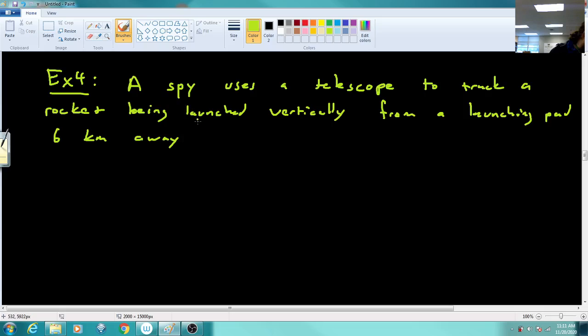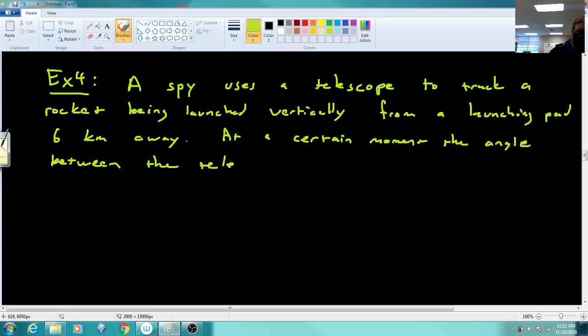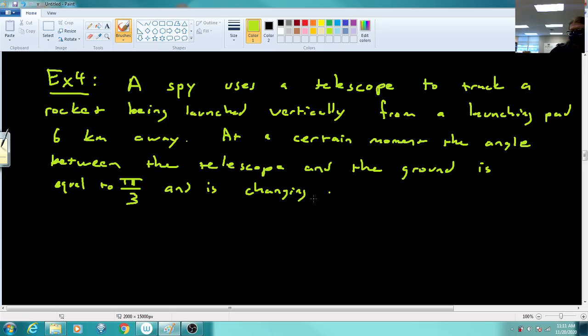At a certain moment, the angle between the telescope and the ground is equal to pi over 3, and is changing at a rate of 0.9 radians per minute.